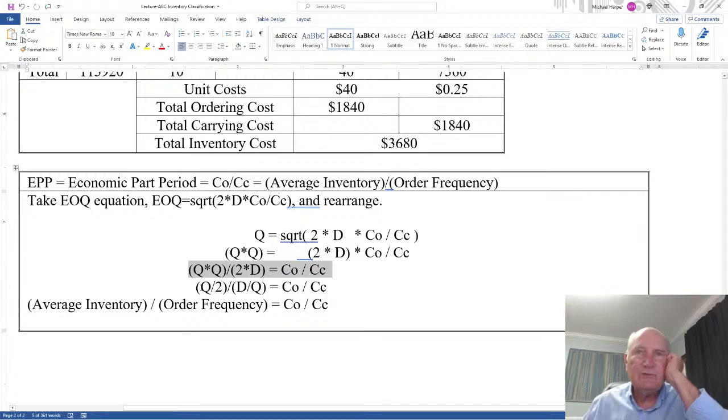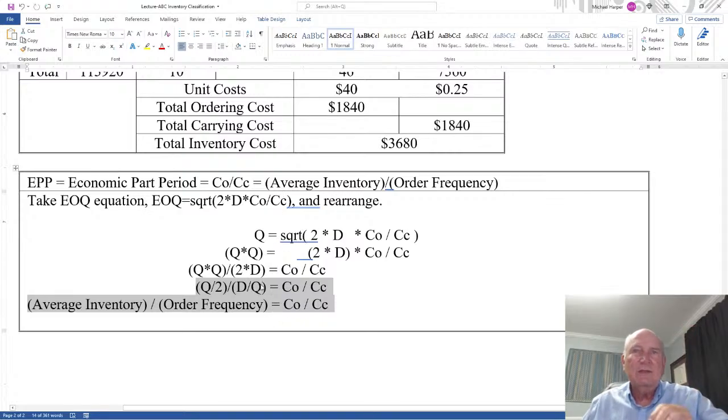I divide Q over 2, and then I bring Q in the denominator, D over Q. And notice Q over 2 is your average inventory. D over Q is your order frequency, and that's equivalent to the ratio of the C sub O ordering cost to the unit carrying cost. So the idea here is that this expression came from the EOQ equation.